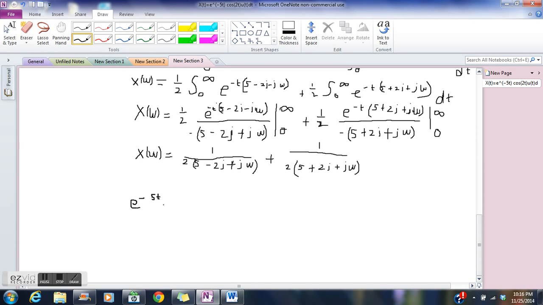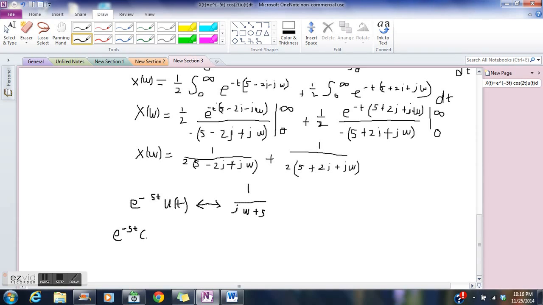First of all, we're going to break it up, because one table will give you e to the minus at times u of t, which in your table equals 1 over j omega plus that a value, which in our case is 5. So we'll go ahead and write that. 5 e to the negative 5t times u of t equals 1 over j omega plus 5.